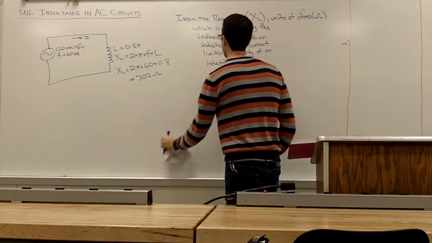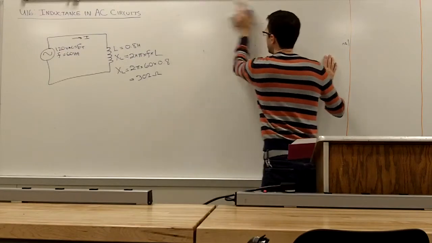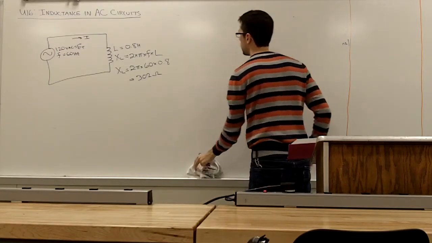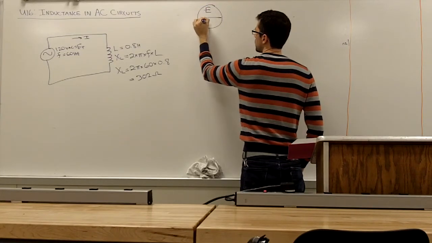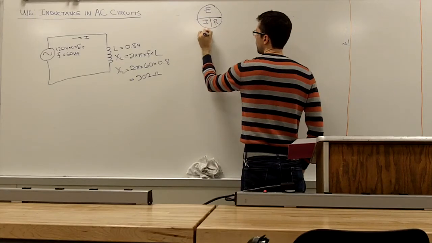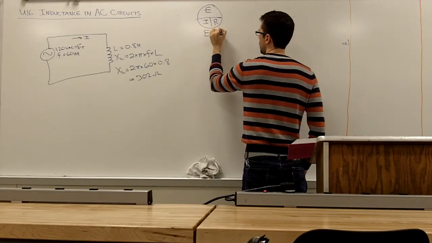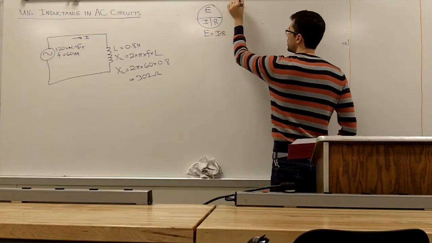Now remember, the Ohm's law that we dealt with before was E equals I times R. However, if we want to make this a little more general, we just use the units.